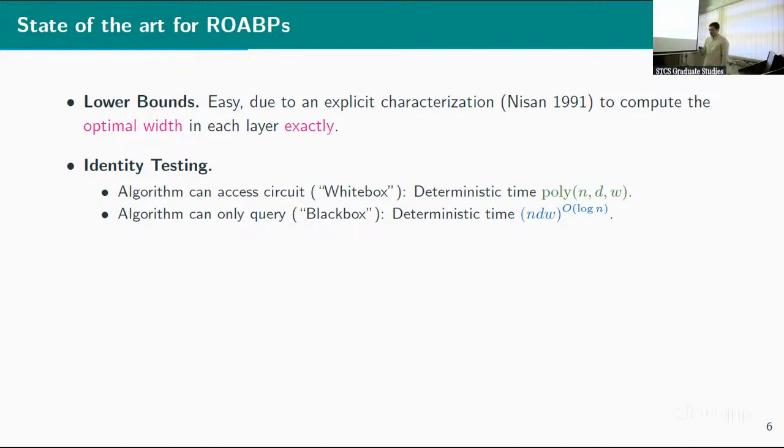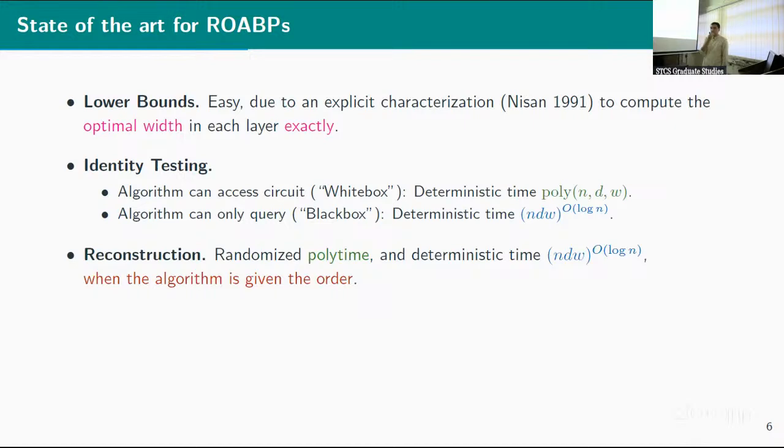So this is the identity testing, and as I told you earlier, once your identity testing shows some promise, you can ask the harder question about reconstruction. Without going into too much detail, what is known for reconstruction of ROABP, especially the proper learning part of it, is that if I tell you what the order is, remember, I'm giving you a black box and some basic parameters, like for ROABP, it will be N, D, and W. If I also tell you what the sigma is, then you can reconstruct the ROABP even in the worst case.